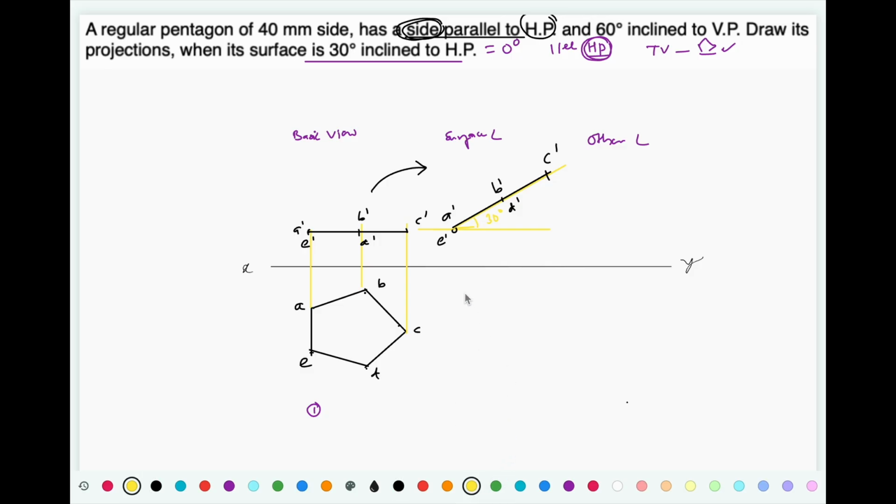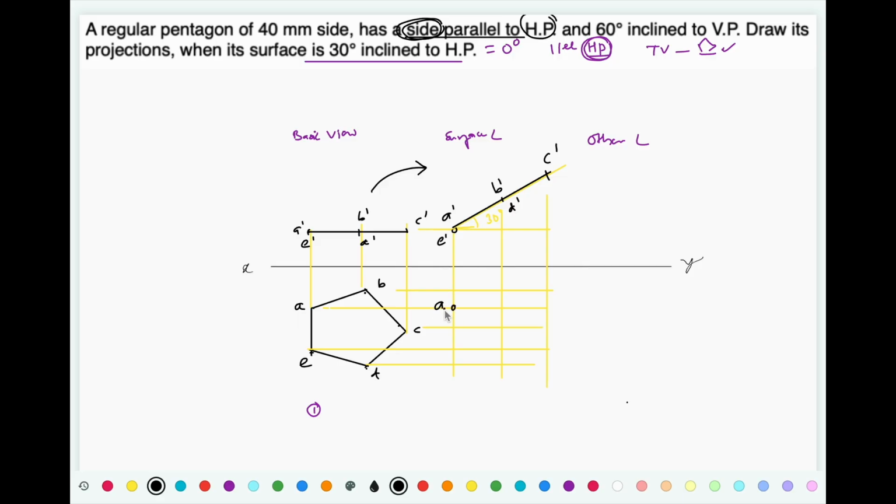And once you have located that front view, project all the points for the top view. Project all the points from this first top view. And now connect the respective points.